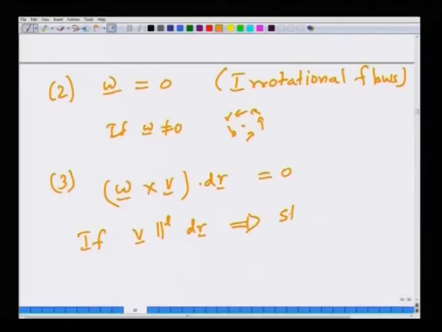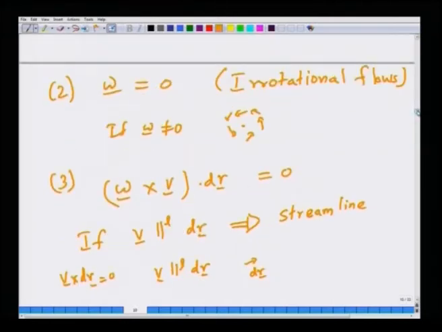If V and dr are in the same direction, then omega cross V will be orthogonal to dr. So, the dot product of the two vectors is 0. When V is parallel to dr, what we get is a streamline, because if you take any two points, the definition of a streamline is such that V cross dr is 0, that is V is parallel to dr. Okay. So, this can also happen, that along a streamline omega cross V dot dr is again 0.